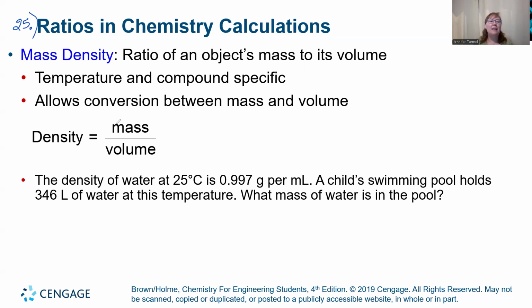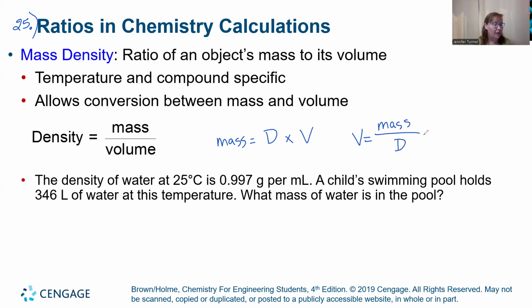But it allows the conversion between a mass and a volume. Now, sometimes students don't like solving for other things. So if density is equal to mass divided by volume, then mass is equal to density times volume, and volume is equal to mass divided by density.